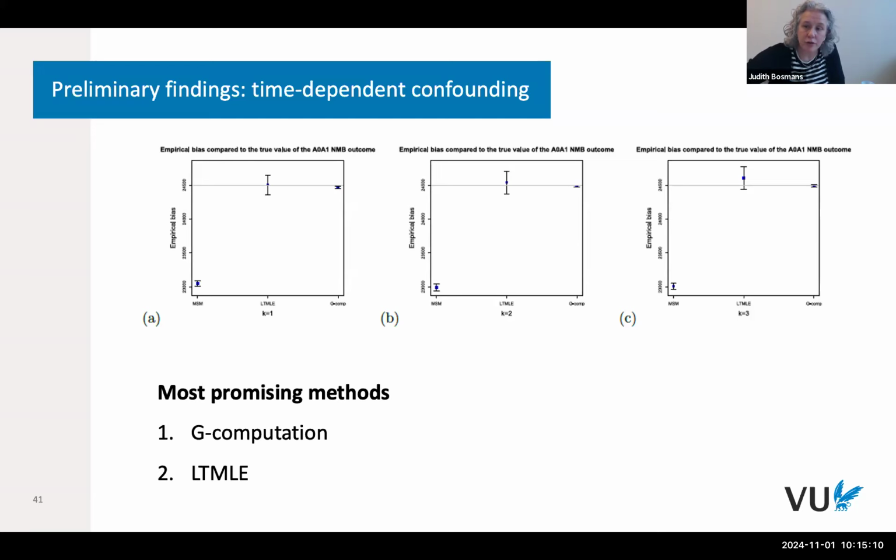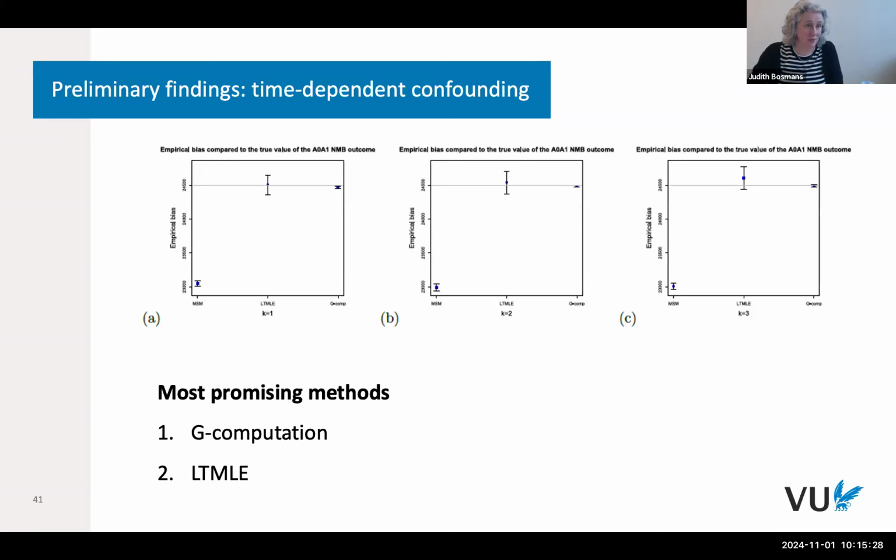So for all levels of confounding, A, B, and C, so A is the lowest level of confounding and C is the highest level of confounding, the TMLE did pretty well, but also the G computation performed rather well.